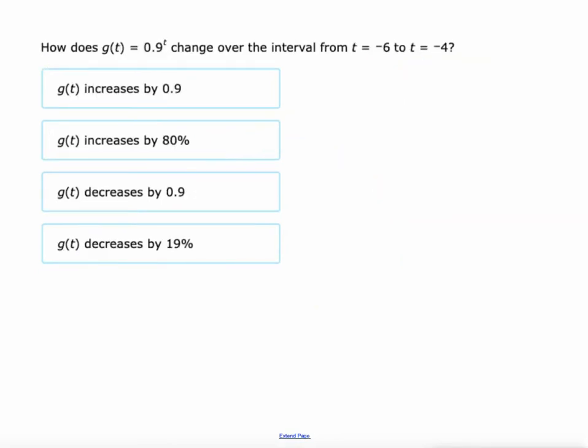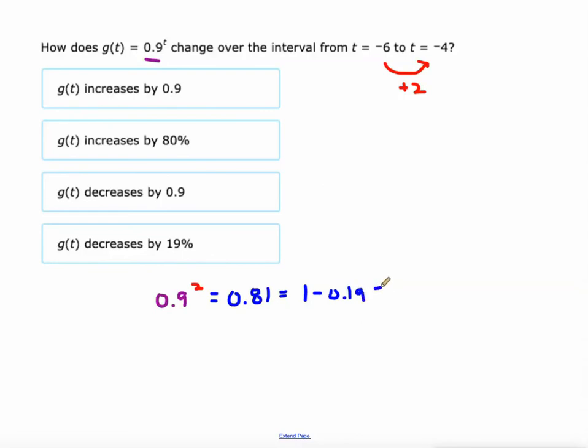And this one's kind of like that, but it's decreasing because the base is less than 1. So our interval is an increase of 2 in x, and then our base here is 0.9. So if I do 0.9 squared, that gives me 0.81, which is like 1 minus 0.19.